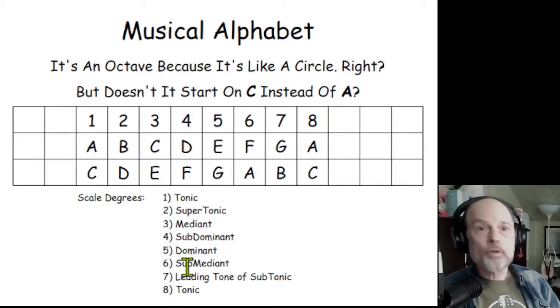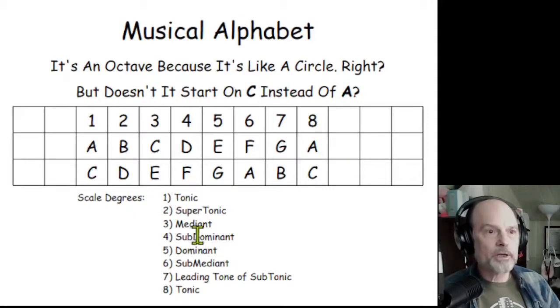Okay, so the rest of the names aren't used that often unless you are in a discussion about functional harmony. But let's go through them quickly, all right? The note between the dominant and the tonic is the median. It's right between. The note below the dominant is the subdominant.